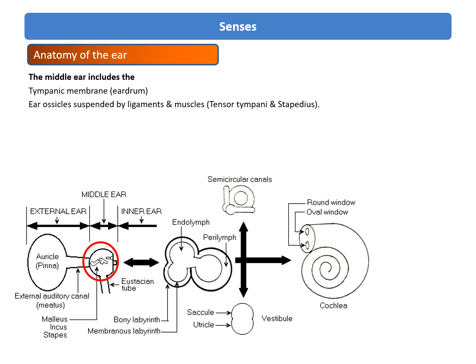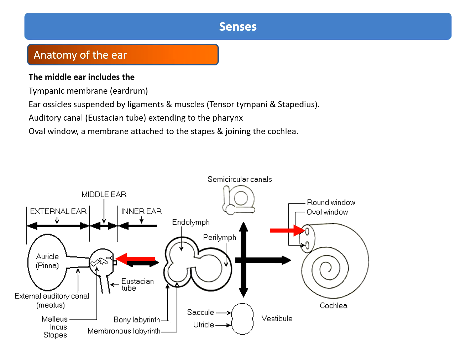The muscles are the tensor tympani and stapedius muscles. The auditory canal, also called the Eustachian tube, is an extension from the middle ear to the pharynx, your throat. The oval window is a membrane attaching the stapes and joining the cochlea. The round window is a membrane joining the cochlea.